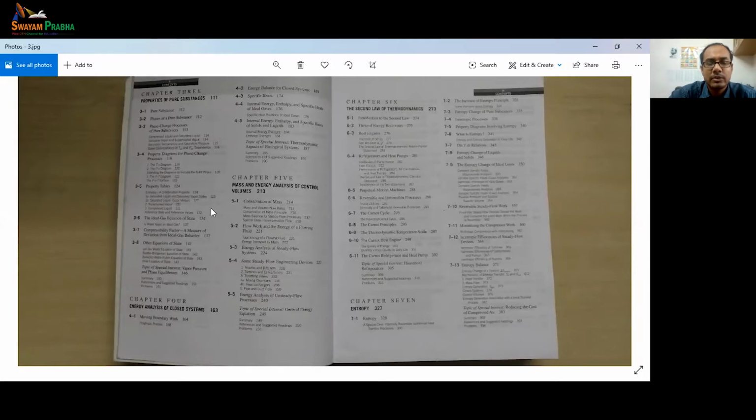That is why we are devoting 2 tutorials on this, and there are a lot of concepts which are very basic and fundamental to the analysis of any thermodynamic systems. So I hope in the last 3 tutorials, you have obtained quite a good sense of the first 3 chapters, and today we are going to look at a few more problems from the 3rd chapter.